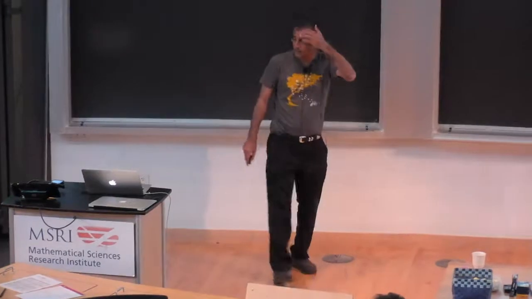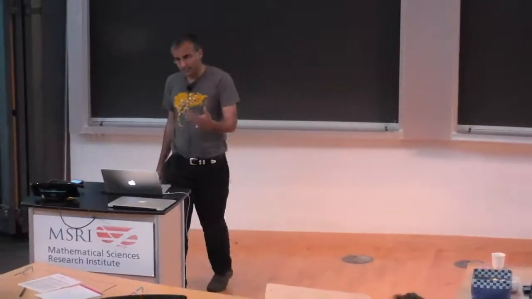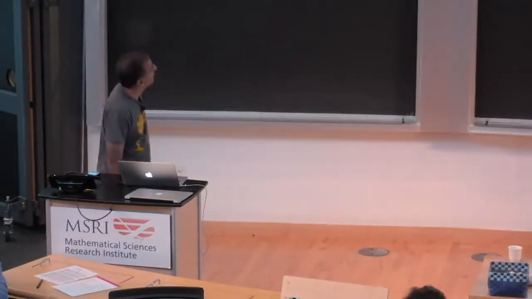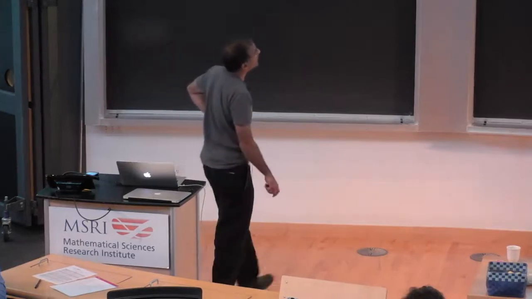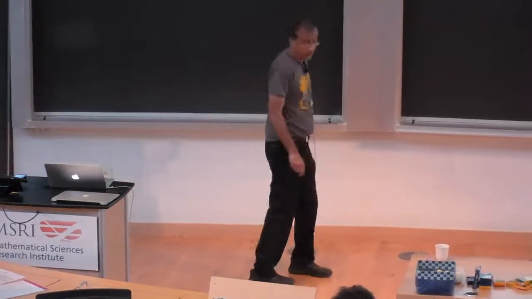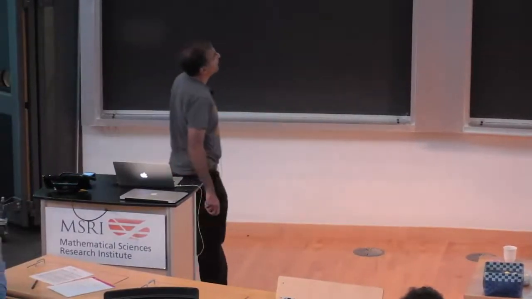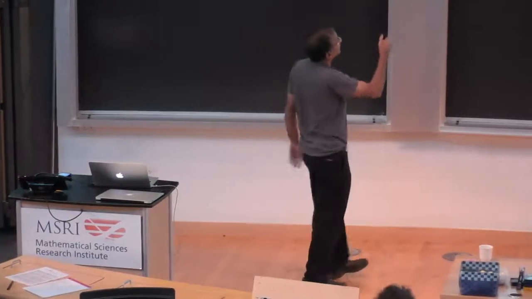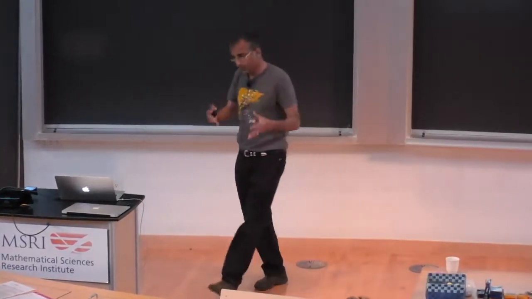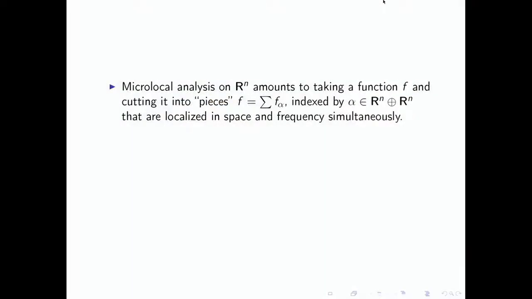So at least my understanding of what the phrase microlocal analysis means on Rn is that you start with a function on Rn, and you want to cut it up into pieces that are, well, beyond localized, they're micro-localized, which means that they are localized and their Fourier transform is also reasonably localized.